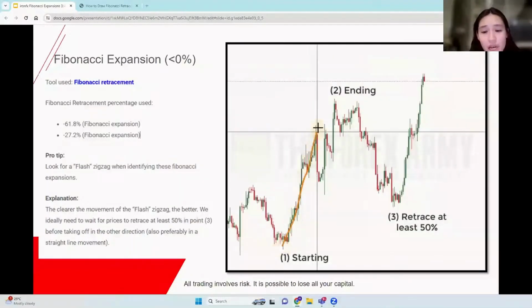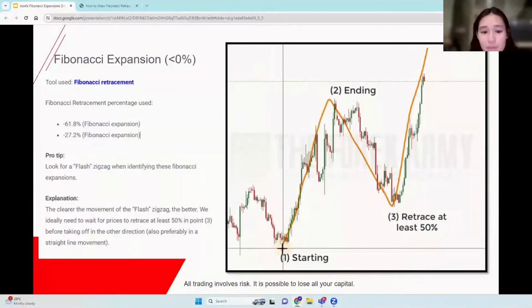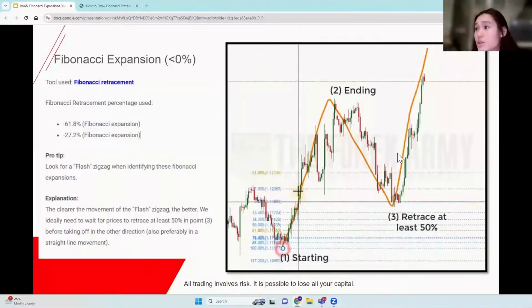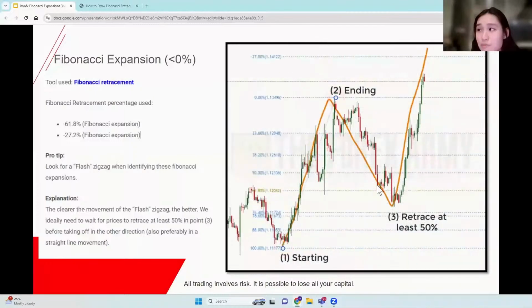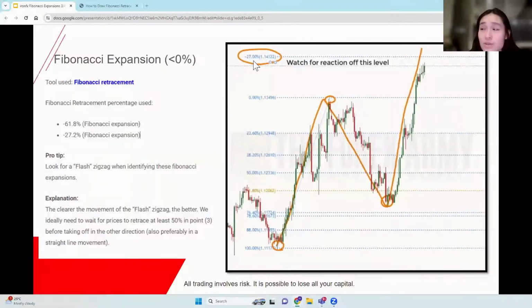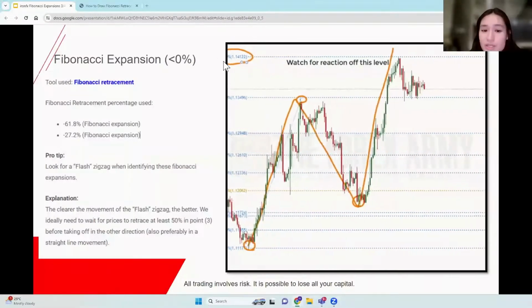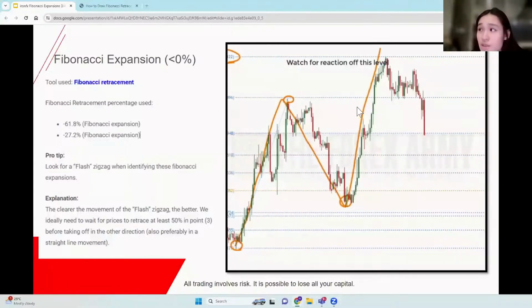Price should retrace at least 50% in point 3 as shown in the video here before reversing off. You can see in the GIF I've included here. Our flash symbol is drawn out in yellow, and you're taking the starting and ending point, or point 1 and point 2, and we are observing the negative levels. Of course, the first level we'll be observing is minus 27.2.